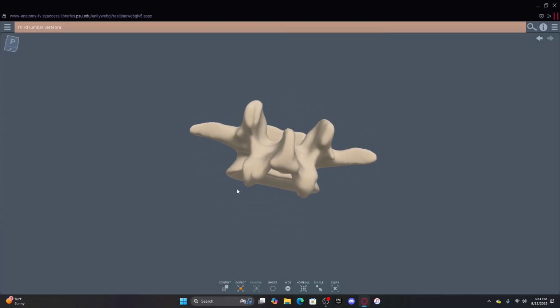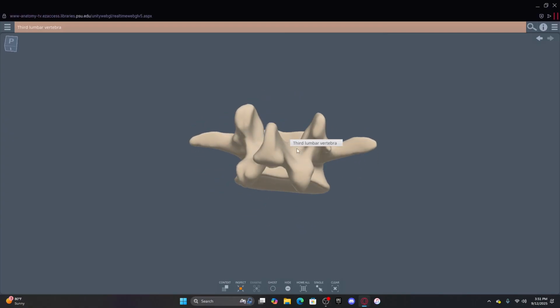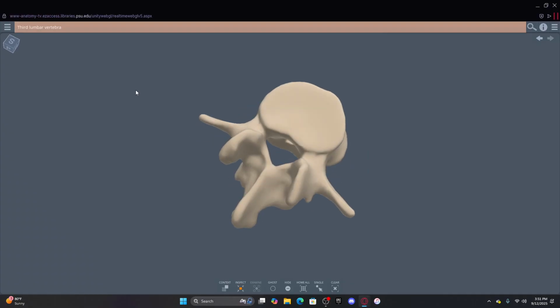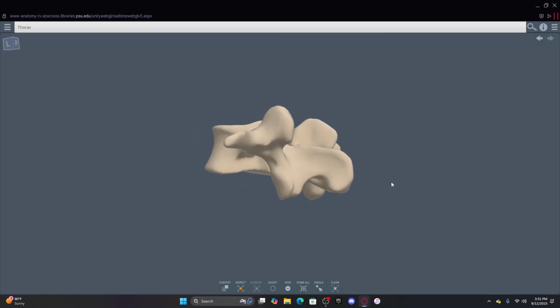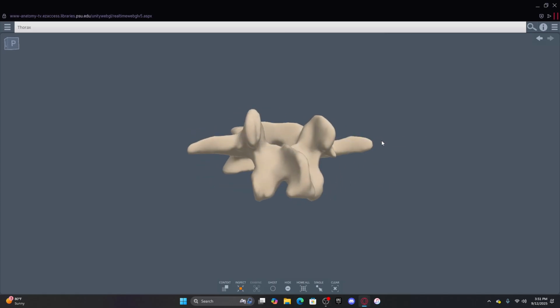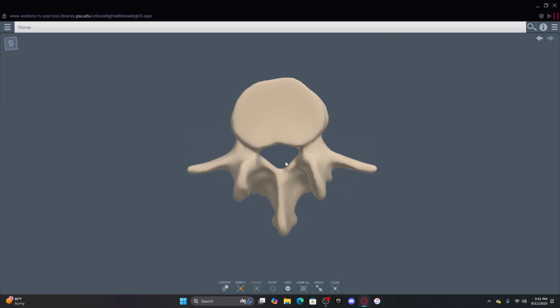We have the transverse process here. Let me move this a little bit better. We have the transverse process right here. And then we have the spinous process here. And then we also have the vertebral foramen.